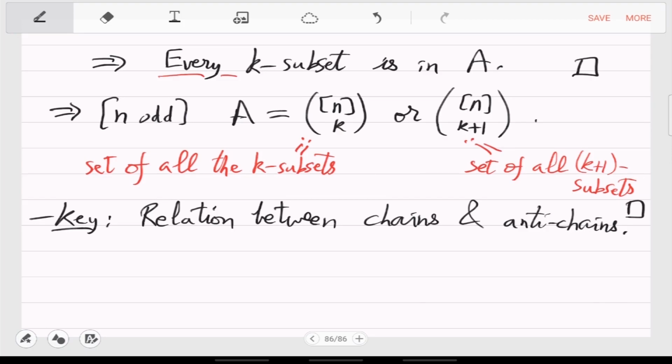So first is what is called Mirsky's theorem. This is from 71.